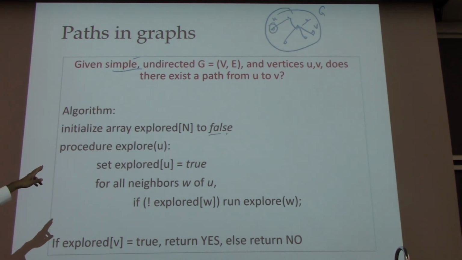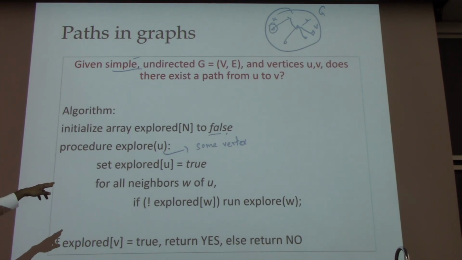And there's a procedure which is basically explore of U. It's a recursive procedure. What it does is first it sets the explored bit of that particular u to true. Okay, so u is a vertex.